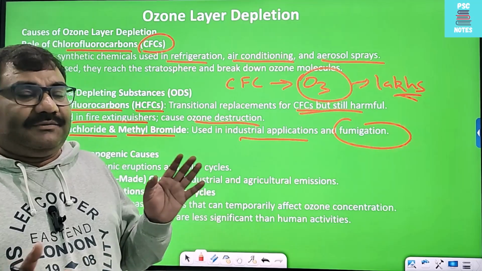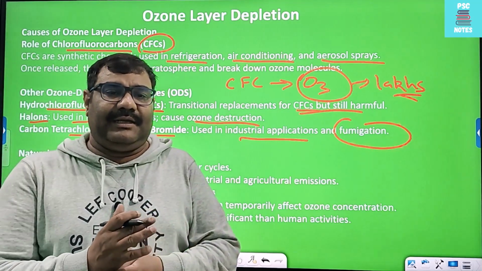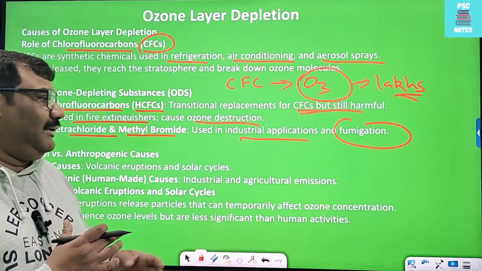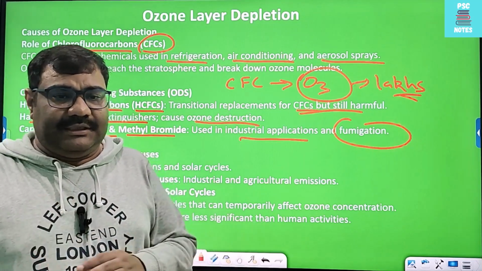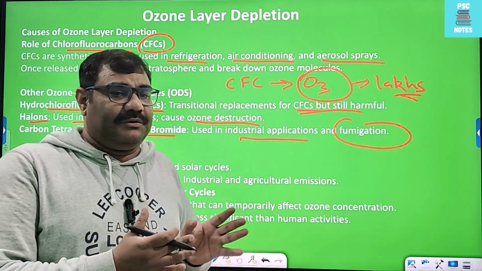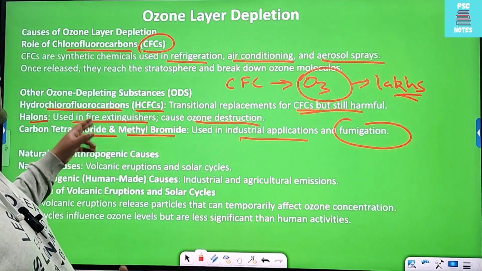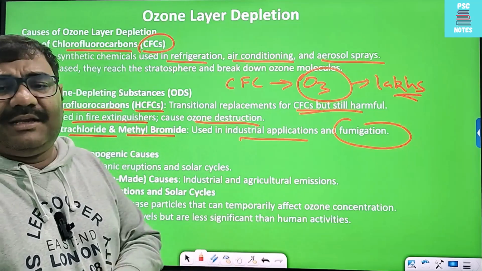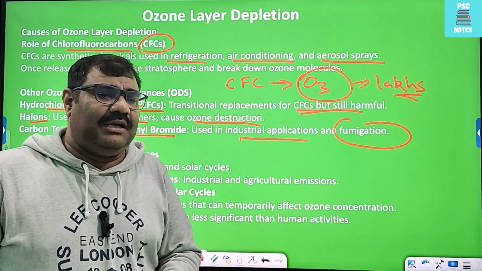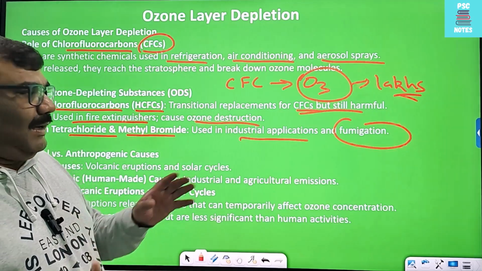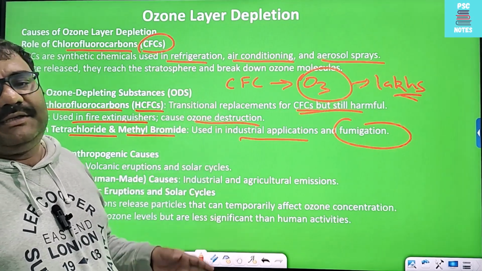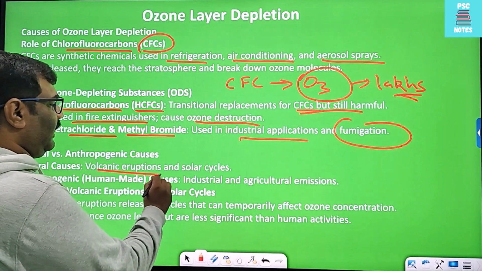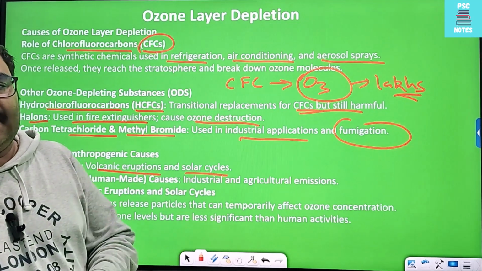So as we have already studied, there is a natural process for ozone formation and destruction, and there is an anthropogenic cause. Anthropogenic means human made, because of industrial and agriculture emissions. Natural causes, other than what we have studied, also include volcanic eruptions and solar cycles.